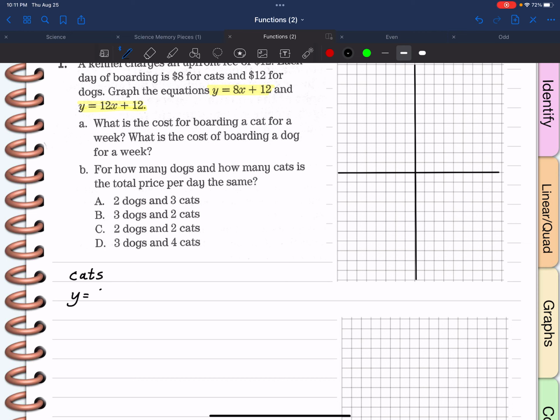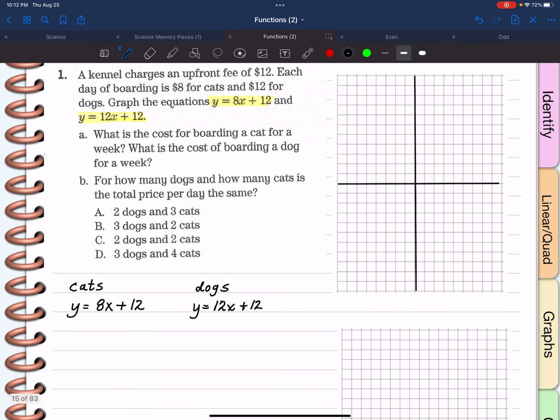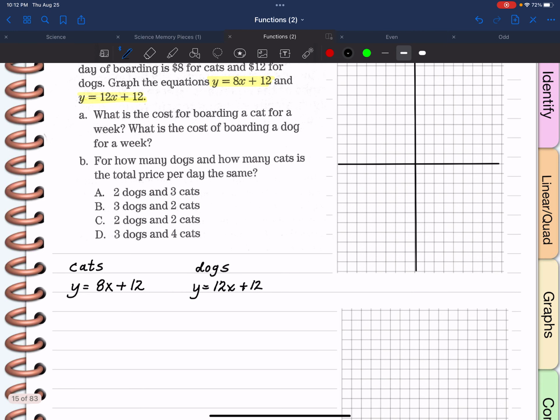Why, I don't know, because mine are far more trouble than the dogs are. Maybe they don't eat as much. I don't know. But this is the equation for the cats, and then this is the equation for the dogs, because the dogs cost $12 a day for boarding, plus that flat rate of upfront fee.